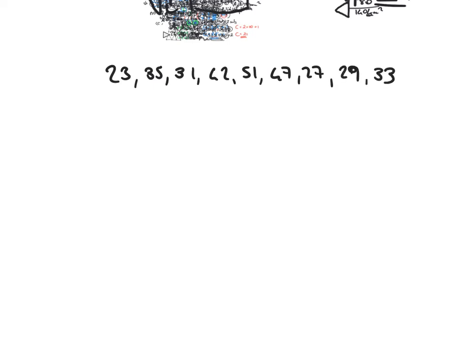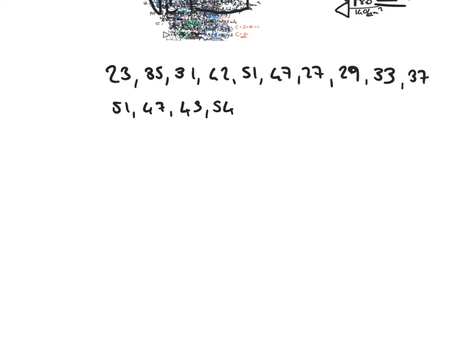Okay, next question, we're going to put a bunch of numbers, 14 to be exact, into a frequency table, and the numbers are as follows: 23, 35, 31, 42, 51, 47, 27, 29, 33, 37, 51, 47, 43 and 54.